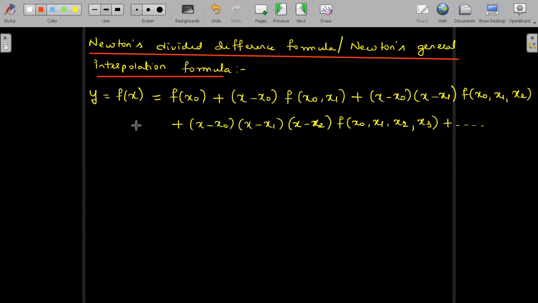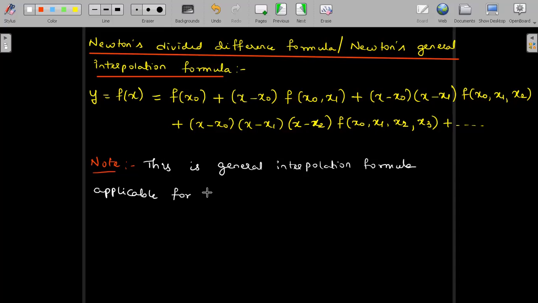Let us note the point that this is the general interpolation formula, applicable for both equal and unequal intervals. So with all these basics, we will now move ahead to the problems part.